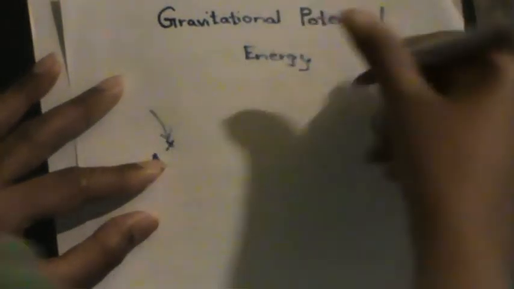So if I bring an object from infinity to this point, now you know that if you have the earth like this, and you take this object here, the gravitational potential energy, I'll take it as PE1, and if you take it to another higher point somewhere here, I'll take the gravitational potential energy to be PE2, right?